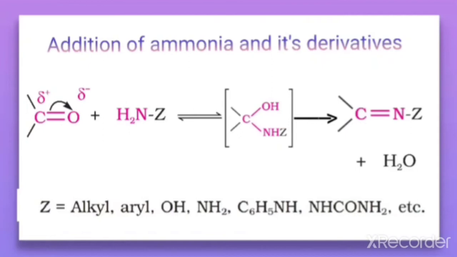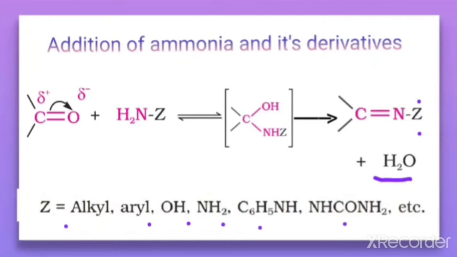Here generally the Z can be an alkyl group, aryl group, OH, NH2, C6H5NH, NHCONH2, etc. And this water which is eliminated is written here. So this is the product we get.